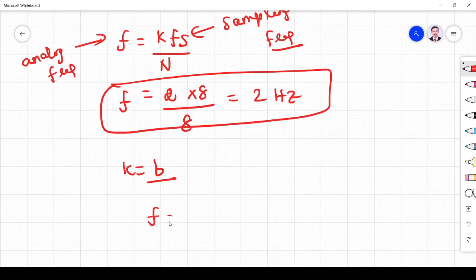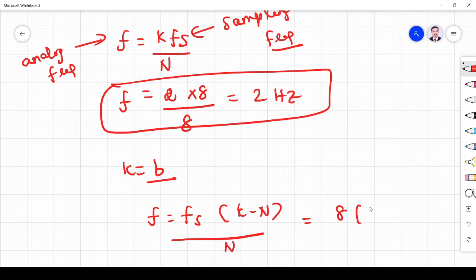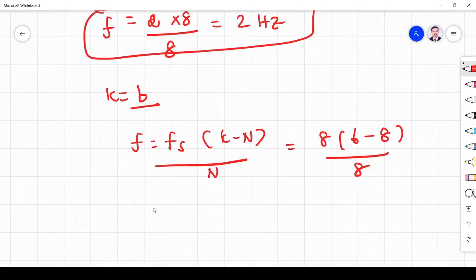For that, the peak occurs at f is equal to fs (k minus N) divided by N. Now you see I have fs as 8, the peak at k is 6, and my N-point DFT has N as 8. So what is the other frequency?